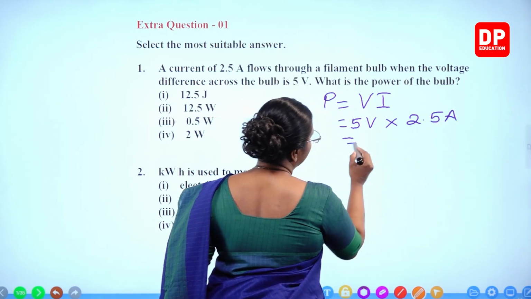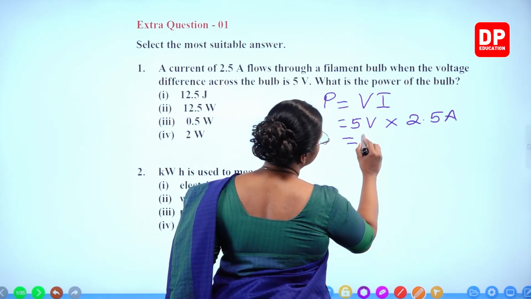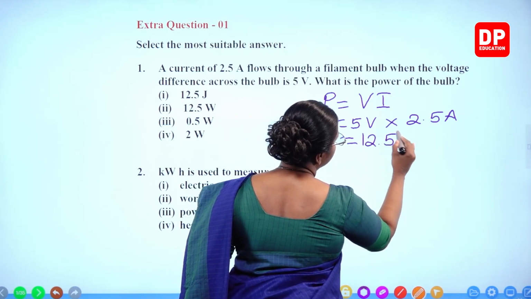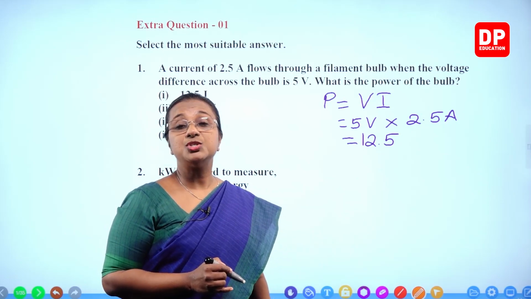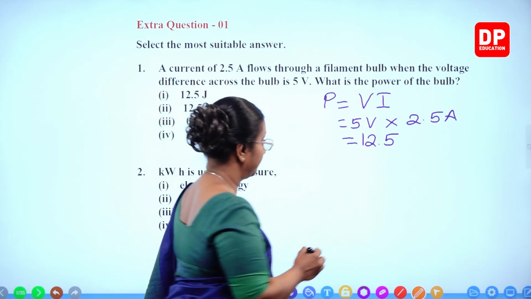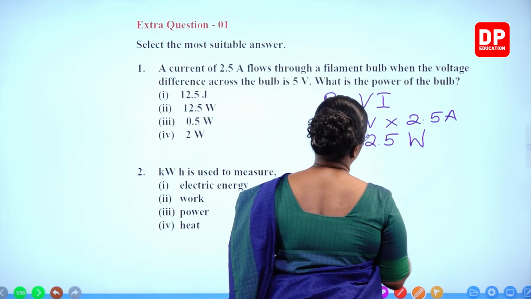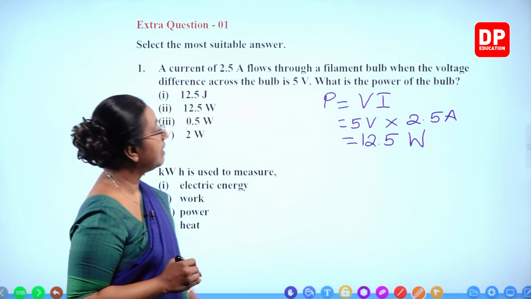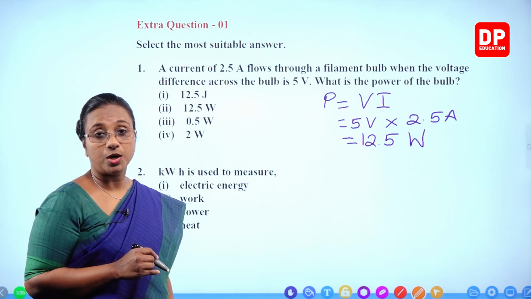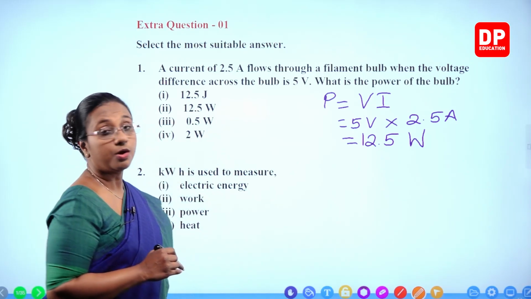When you multiply that, you get 12.5. Voltage into amperes gives the answer in watts, so 5 into 2.5 is 12.5 watts. That is the power of the bulb.